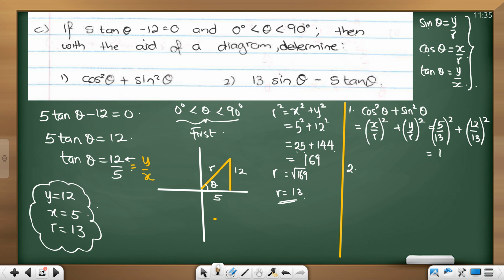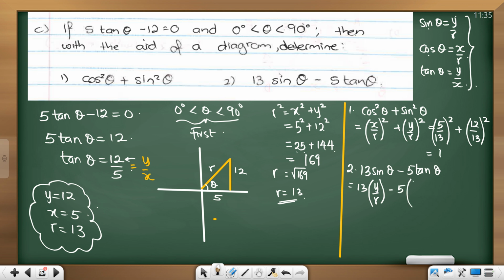Since you don't know how to use your calculators, and I won't be there to guide you, you need to know how to use your calculator. All right? Let's walk through. What is sine theta again? Use that formula, y over r, minus 5.